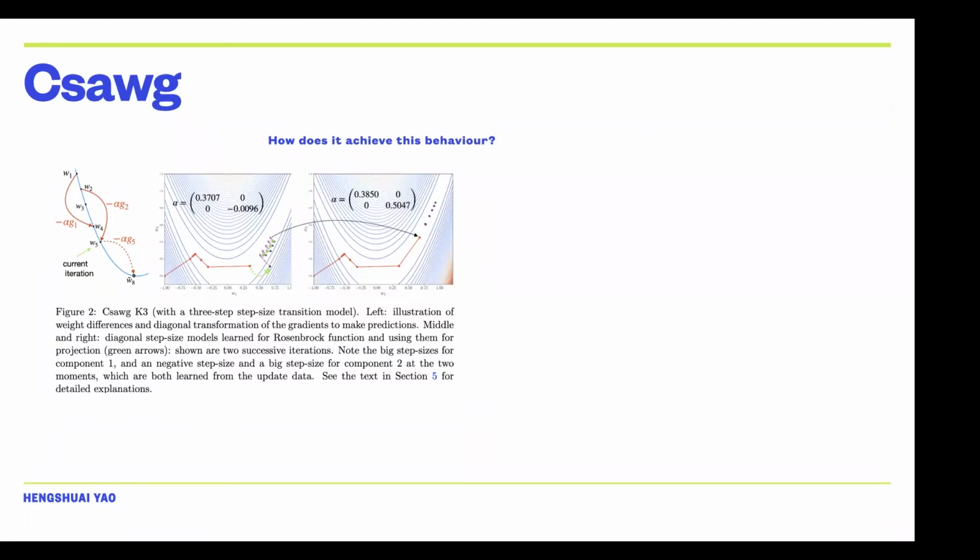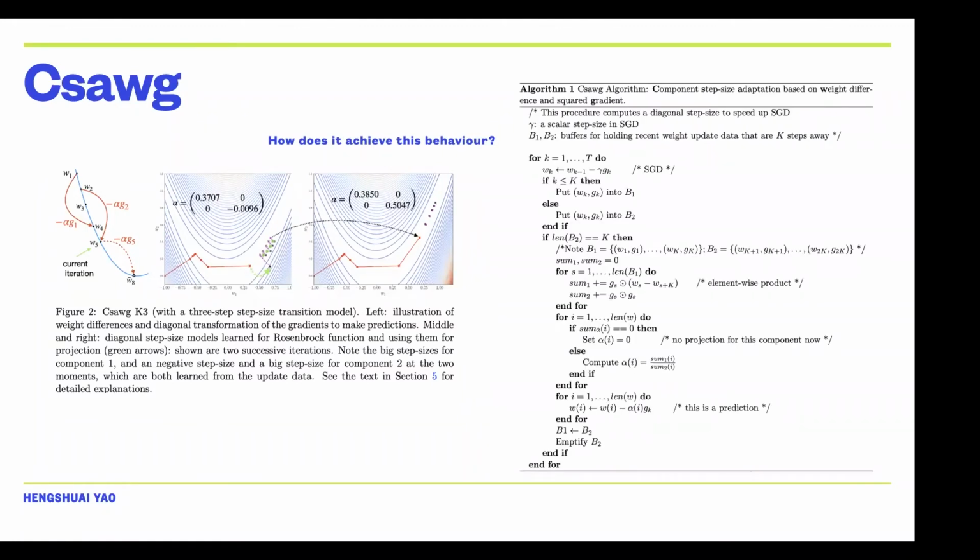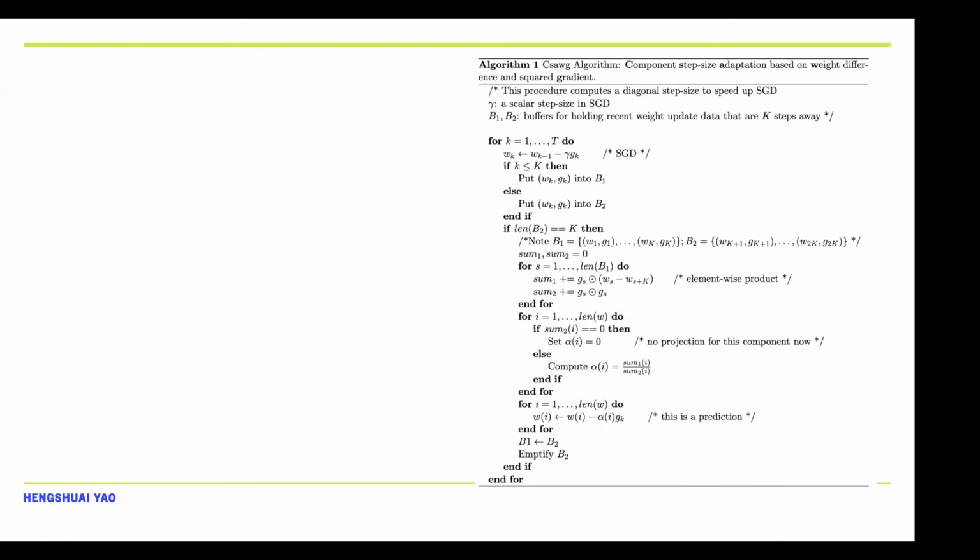This shows us the algorithm. It doesn't make much sense at first, but let me explain the details. First, you notice I call this step size planning. This is the step size planning algorithm.